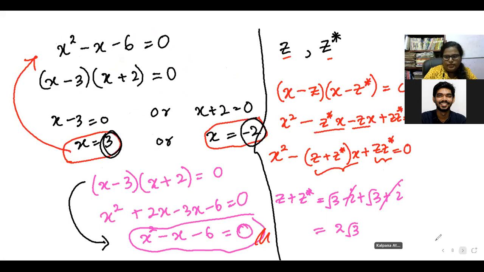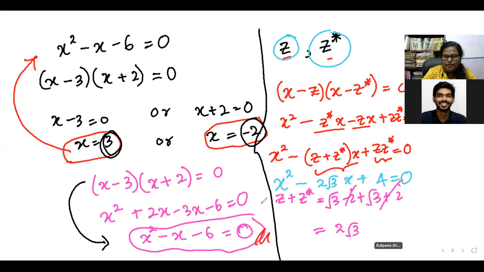So our result is: x square minus 2 square root 3 x plus 4 equals to 0, because we have taken this z z star value as 4, right? So this is the quadratic equation which has the roots z and z star.